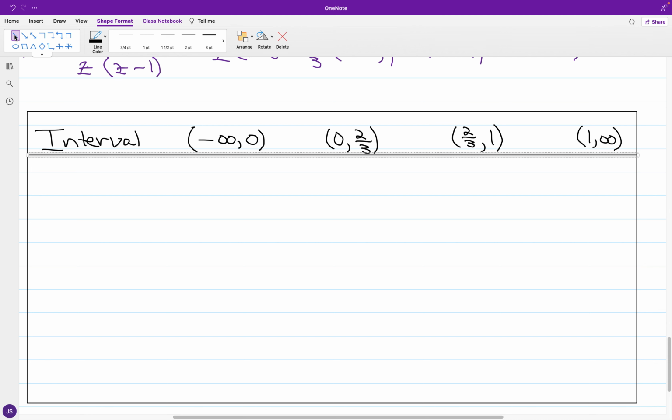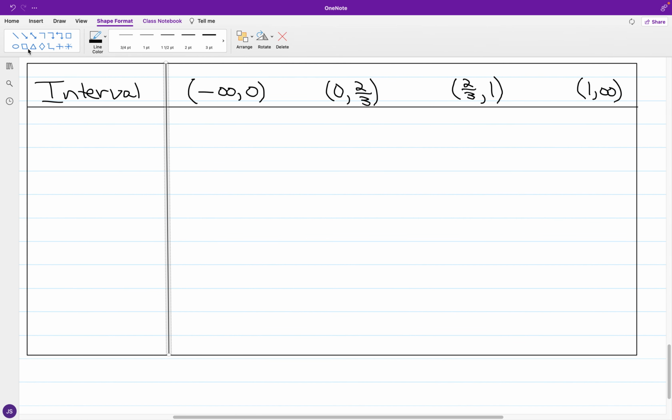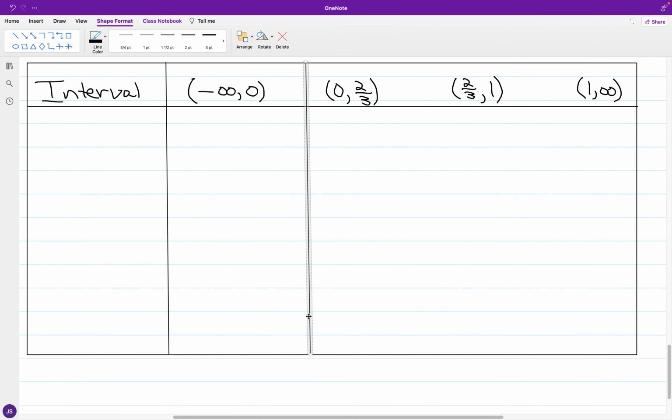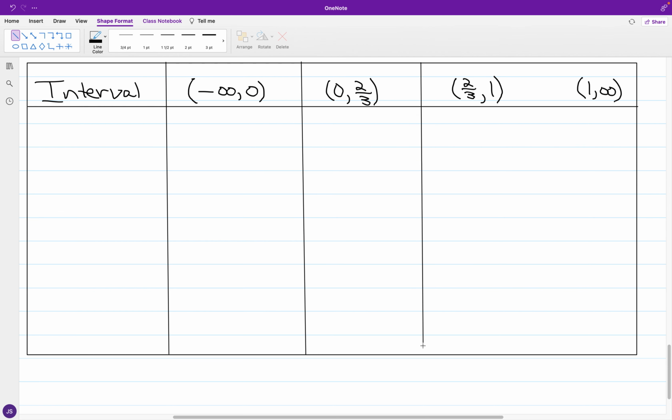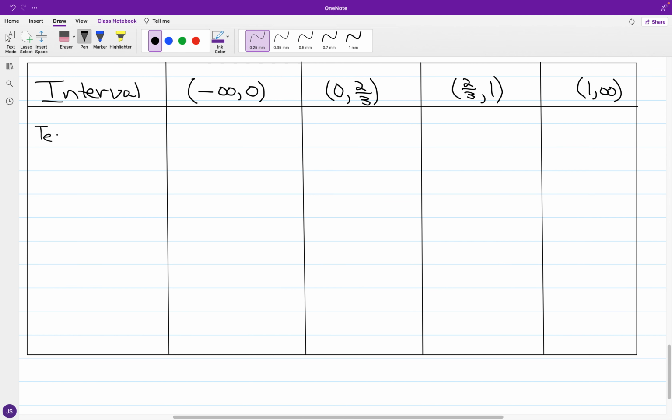And just separating the interval sections into their own column spaces, and column headings for that matter. All right, so for the first round, this time we're looking at test values for z.